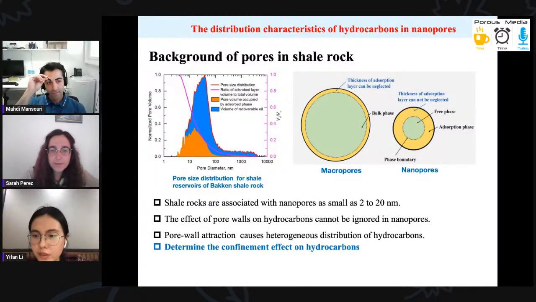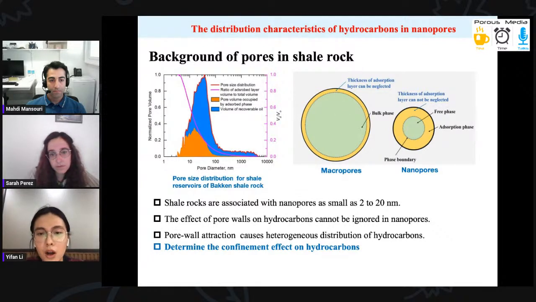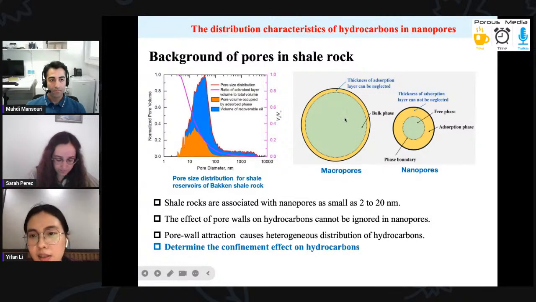So this is the reason why we do that: confined fluids may deviate from the bulk fluid, right? Here is the macro pore. As we see from this picture, the bulk phase of the fluid occupies a pretty large volume of the whole pore space, so the thickness of the adsorption layer, colored yellow here, can be neglected.